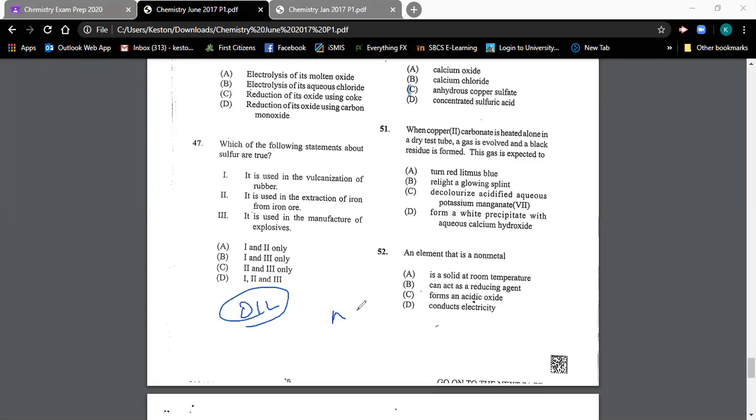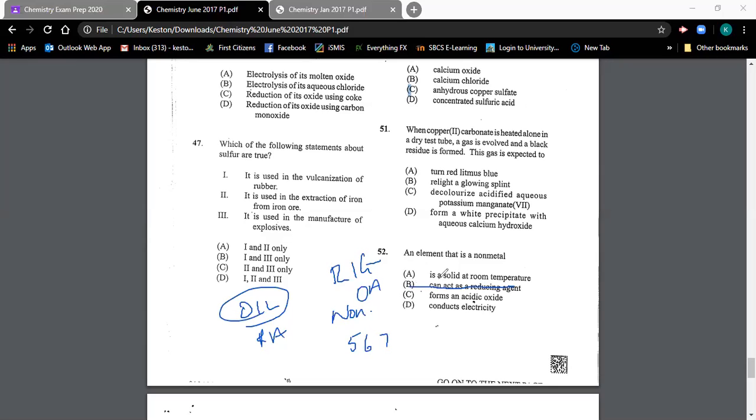Our non-metals, which are in groups 5, 6, and 7, have to gain electrons in order to complete the outer shell to get a noble gas structure. So reduction, or RIG, is associated with the gaining of electrons. When they're oxidized, they are a reducing agent, and when they're reduced, they're an oxidizing agent.